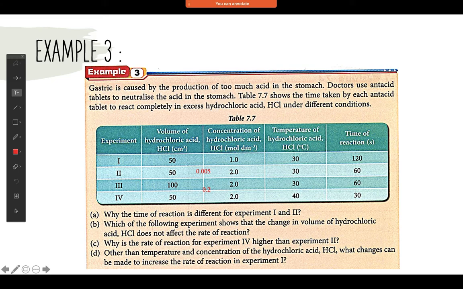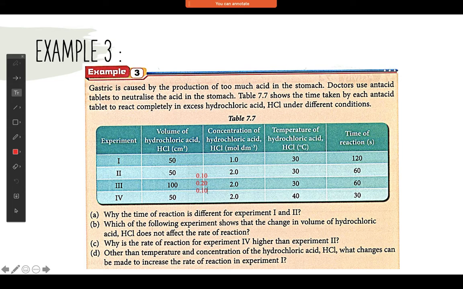Cak, tadi betul kan? 2 times dengan 50. Oh, ni 0.1. Zero point zero one, 0.10, ini 0.20.